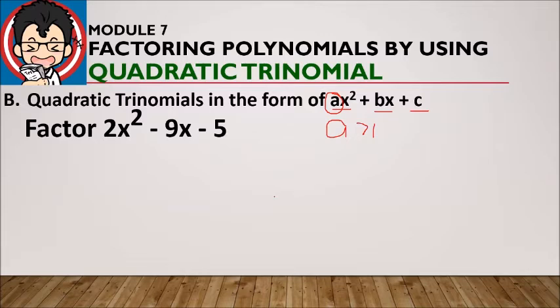So, paano gagawin natin? Now, take a look at the given example. 2x squared minus 9x minus 5. So, paano natin i-factor to? As you can see, the leading coefficient, or a, is greater than 1.